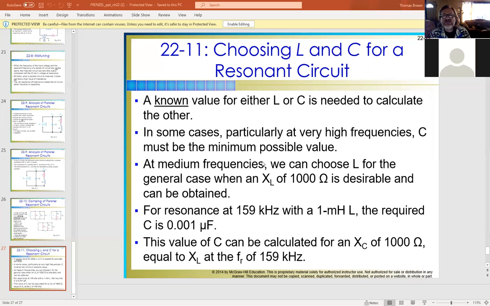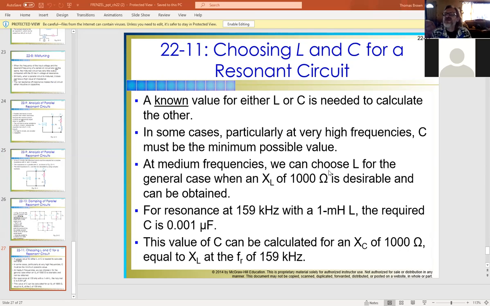So in some cases, particularly at very high frequencies, it must be the minimum possible value for the ideal type of circuit. Otherwise, we're losing out in certain ways. Our Q factor will be off or something. At medium frequencies, we do have more leeway.